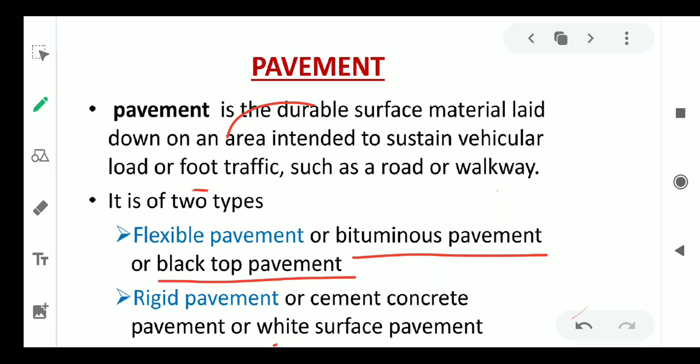Another one is the rigid pavement, or the CC cement concrete pavement, because rigid pavement is made by cement concrete. Due to its surface appearance, a grayish or semi-white color, it is also known as the white surface pavement.